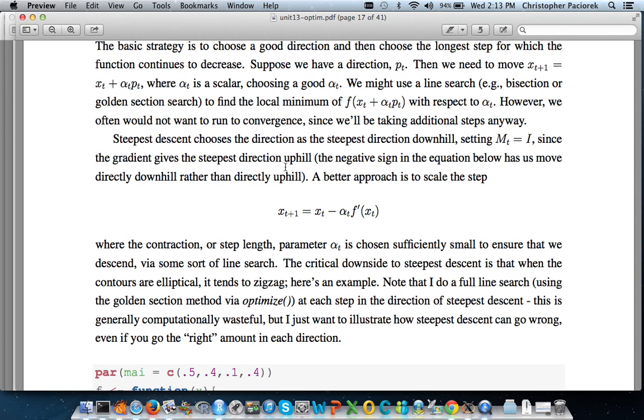Okay, so if we think about what direction to go, the easiest thing to think about is, why don't I just make use of the gradient directly? The gradient is going to tell me the direction of steepest ascent, and so when I do minus the gradient, it's going to tell me the direction of steepest descent from where I am. So that seems like a smart thing to do. I'm here, I look around, I can travel downhill most steeply if I go in that direction, so why don't I just start moving in that direction?